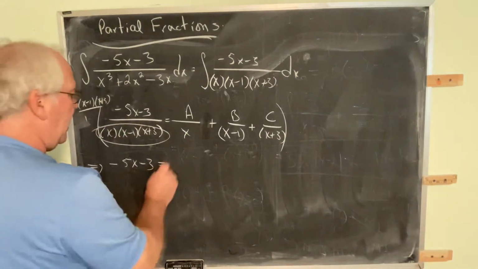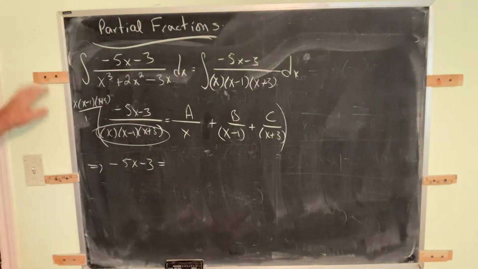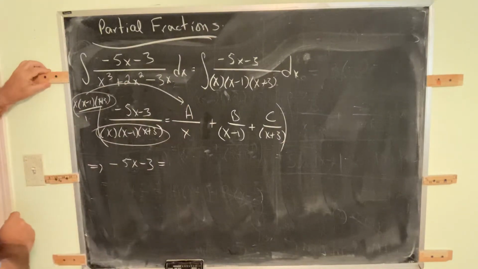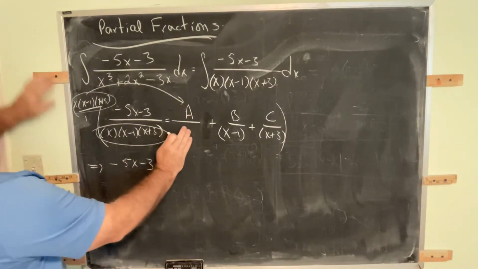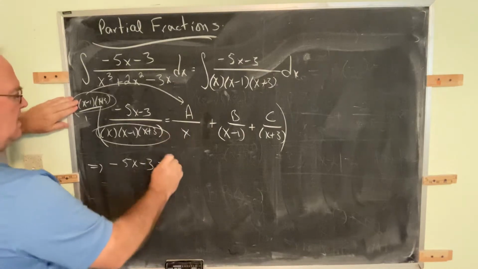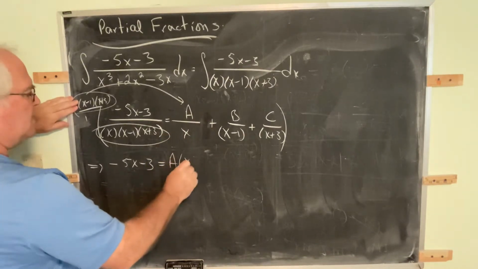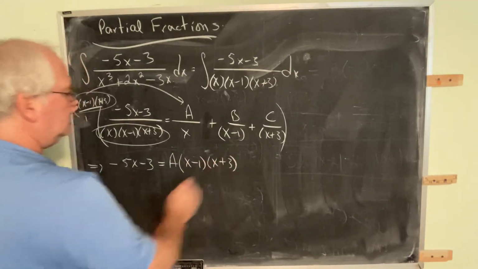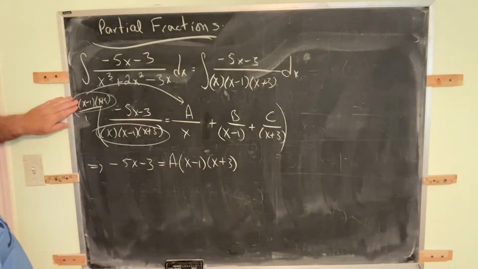On the right-hand side, you need to be careful. When you distribute these three factors to this first term, do you see what cancels? Yes, this x cancels with that x, and you're left with A times the x minus 1 and the x plus 3. Don't worry about multiplying that out.